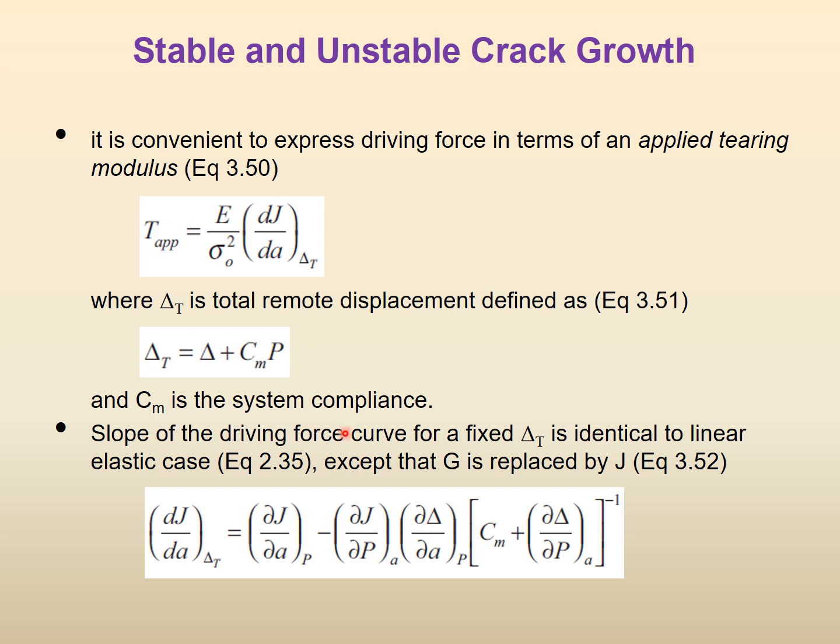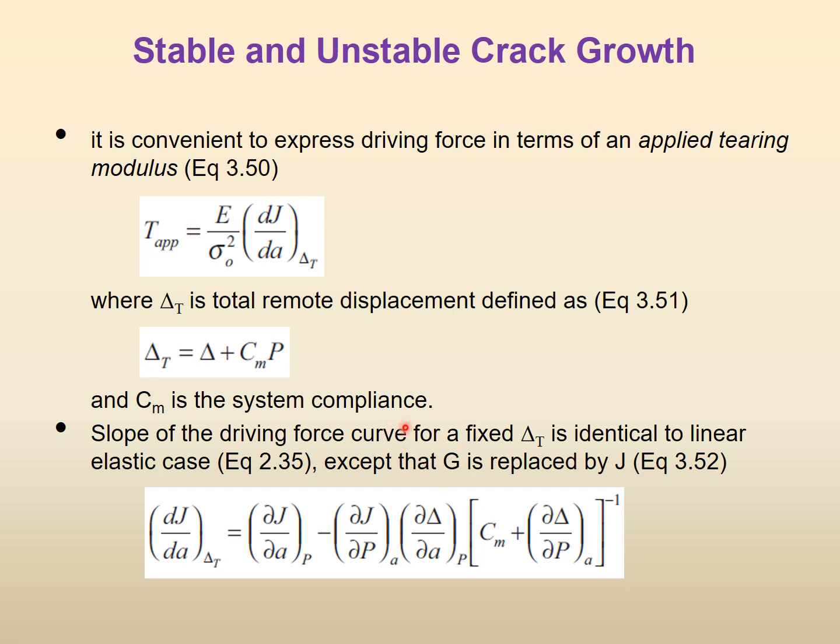The slope of the driving force curve for a fixed delta T is identical to the linear elastic case, except that G is replaced by J. So this is brilliant.